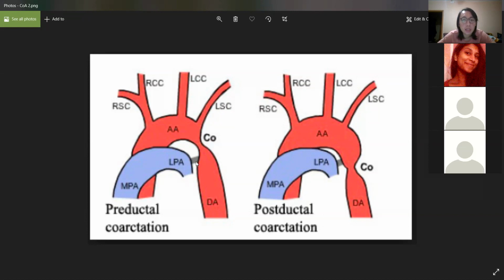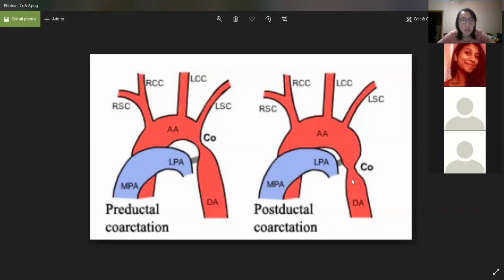So again, because it is in reference to your ductus arteriosus, you see preductal here, here's the narrowing, yeah? So this is what it means, preductal coarctation, and postductal is after the patent ductus arteriosus, right?